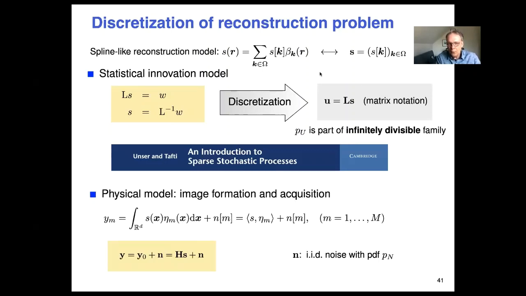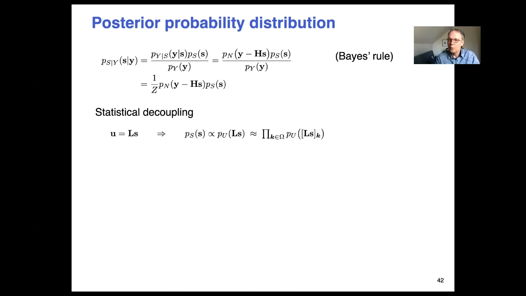Okay, so now we have discretized the statistics. That's the new part. Otherwise, we can discretize the image formation, which I already showed you. And now we are ready to write a probabilistic version of the reconstruction problem. Here we are just using Bayes' rule, very standard in signal processing.